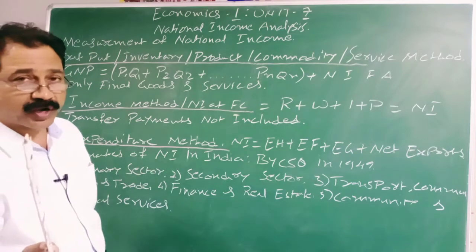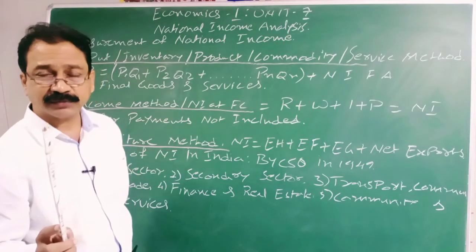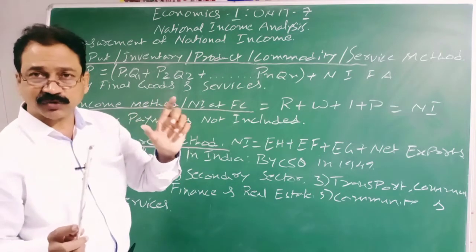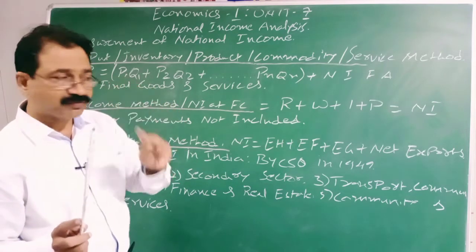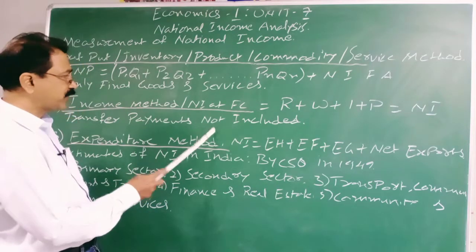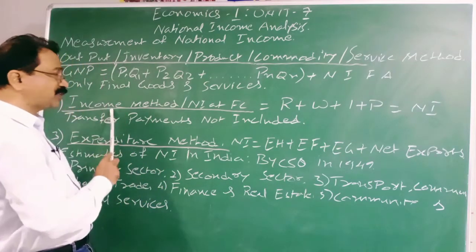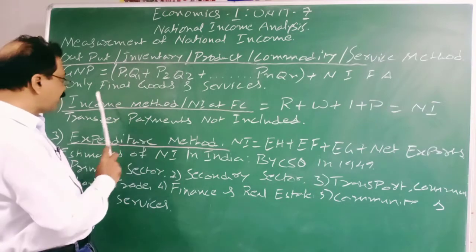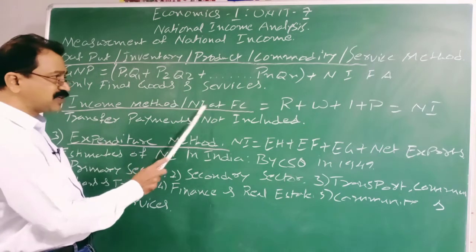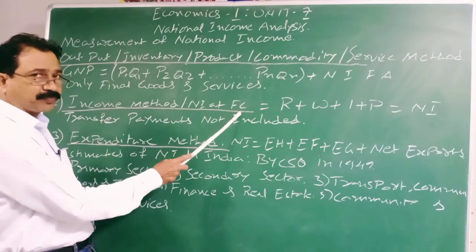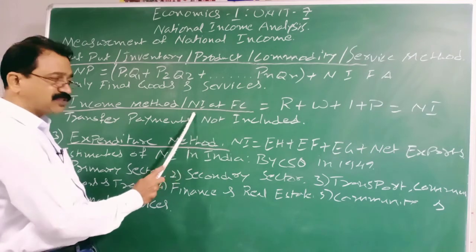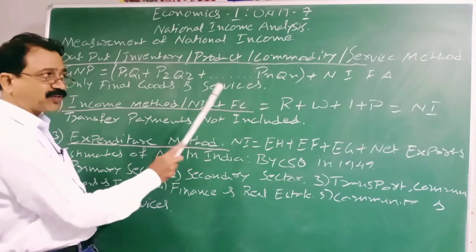Remember each and every point the day when you have to write MCQs, multiple choice question answers, 40 marks, then you need to remember everything, all these points. Okay, so there are 2 methods we have seen. One is output method, another is income method. This is at market prices, this is at factor cost. Okay, income of 4 factors of production. That's why this is also called as national income at factor cost.